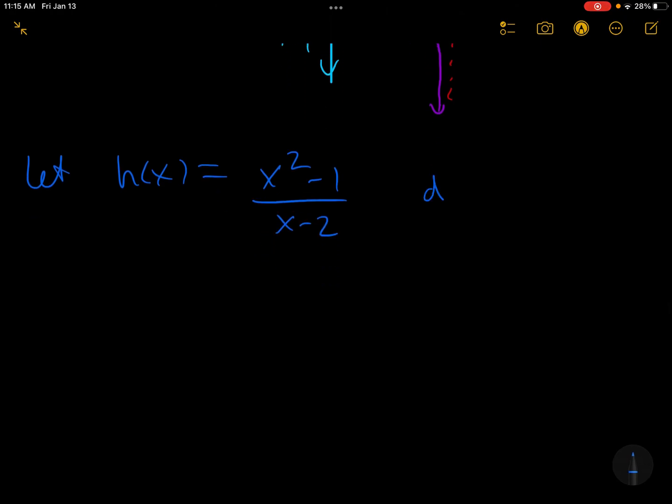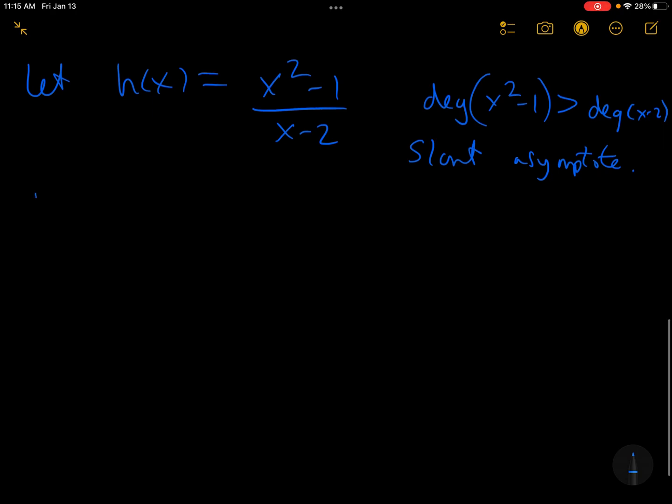Now, since the degree on the top is strictly greater than the degree on the bottom by 1, we're going to have a slant asymptote instead of a horizontal one. Okay, so let's do this here. Vertical asymptote, slant asymptote, zeros, y-intercept.